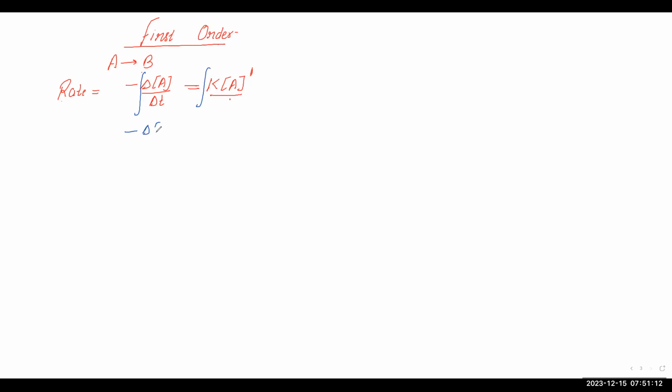Minus delta A is K concentration of A delta T. We are integrating 0 to T. Bring this concentration of A here because A is here. So mathematically, I'm going to take care of this minus also. I'll make it plus.